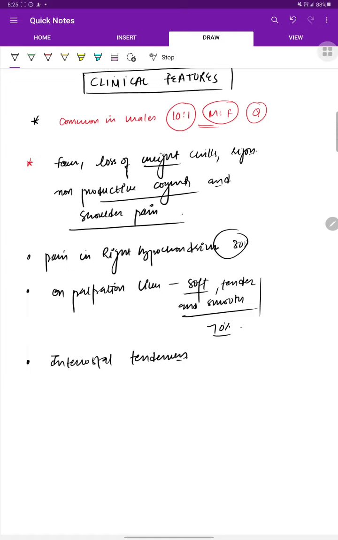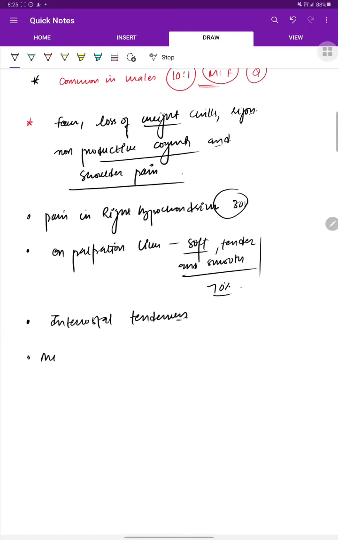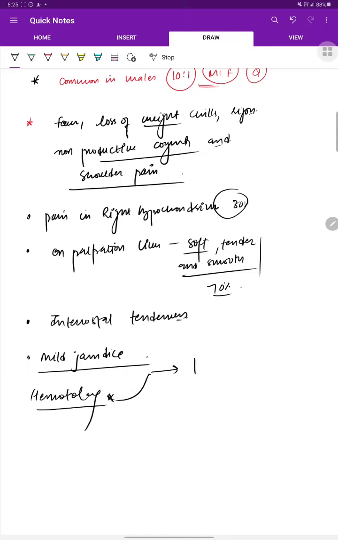Mild jaundice may be present, and deranged albumin. When we go for hematology investigations, there may be increased WBC count and raised ESR.